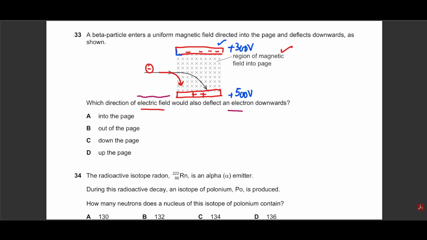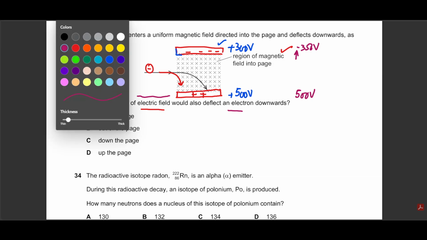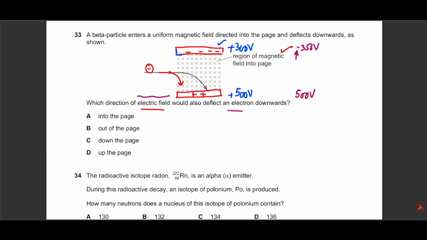For example, if this was 500 volts and the other plate was minus 350 volts, that will still be negative because it is very obvious that it's a negative potential. If this had been minus 500, then this one has to be more negative than this one to qualify as positive or negative. So please be advised, we are looking at it from a numerical perspective, but it's not really required over here.